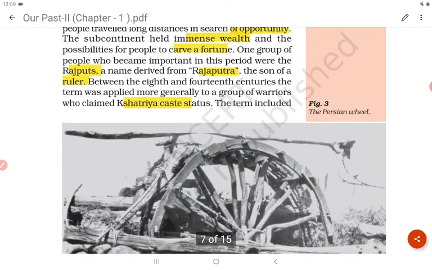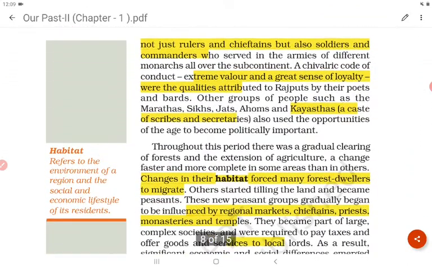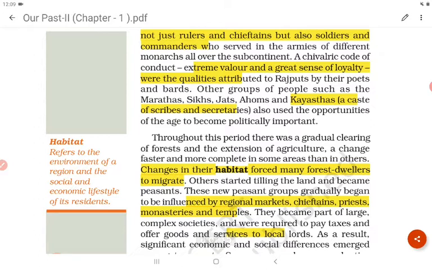The term included not just rulers and chieftains, but also soldiers and commanders who served in the armies of different monarchs all over the subcontinent. A chivalric code of conduct, extreme valor, and a great sense of loyalty were the qualities attributed to Rajputs by their poets and bards.